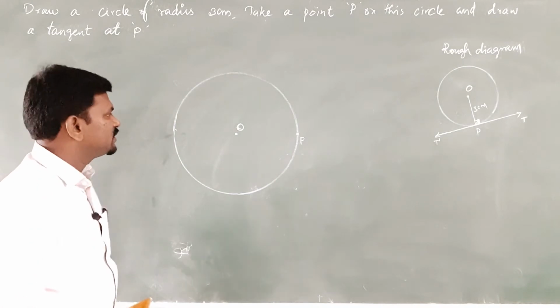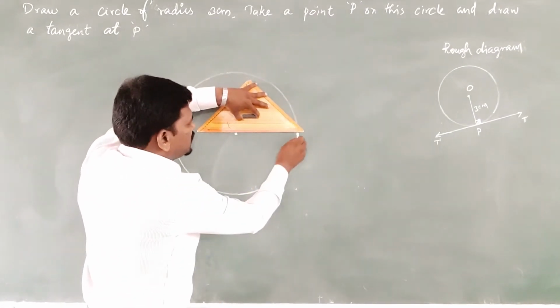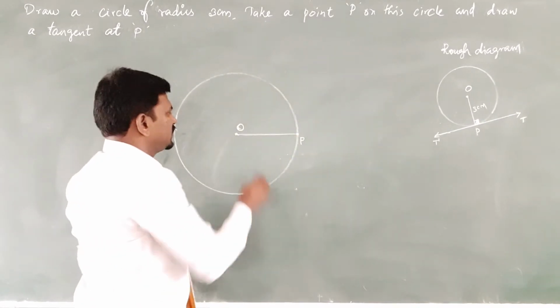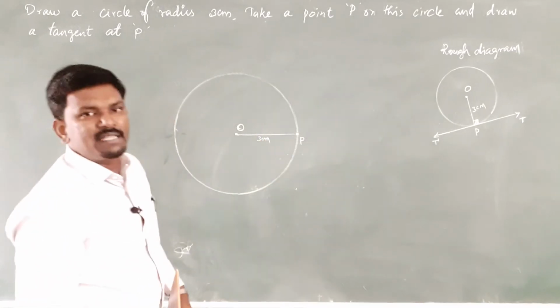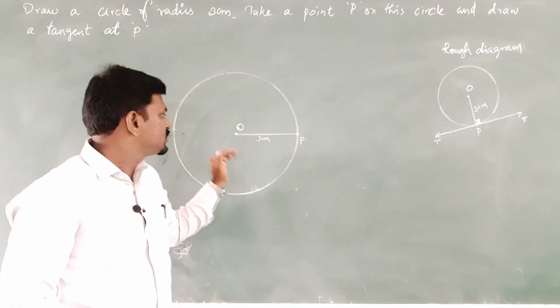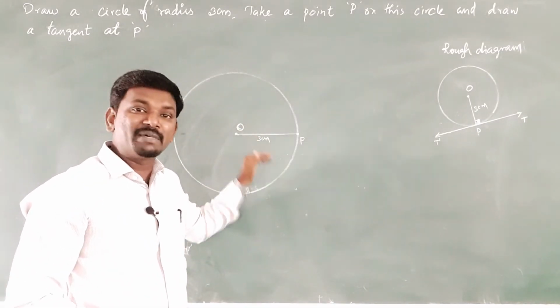So this is the point P on the circle. What is the radius? The radius is 3 centimeter. Whenever you are drawing practical geometry, you have to draw with the given measurements.